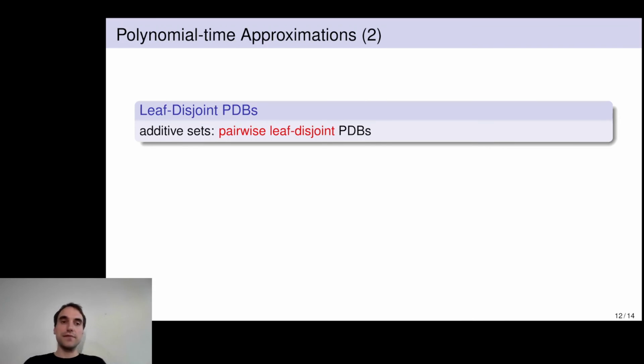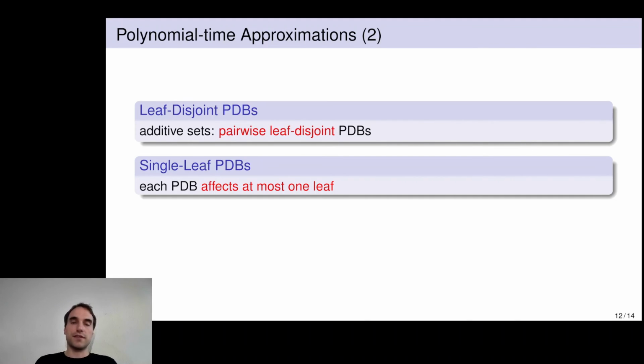The first one is leaf disjoint PDBs, where we require that each additive set of PDBs only consists of pairwise leaf disjoint PDBs, which means that no two PDB heuristics in that additive set affect the same leaf. And the alternative, the second approximation, is that each PDB, wherever it is, only affects at most one leaf.